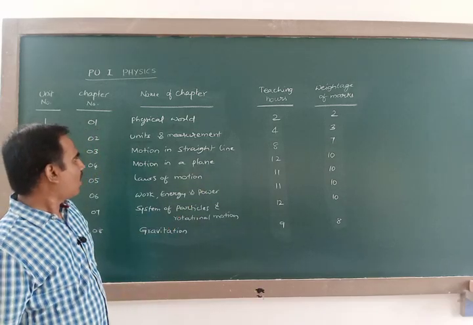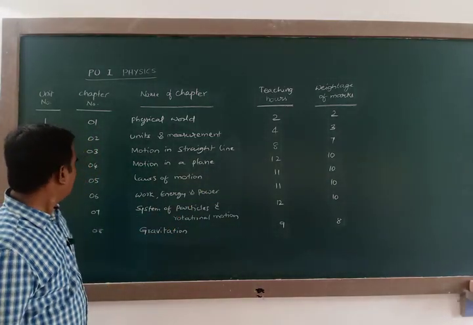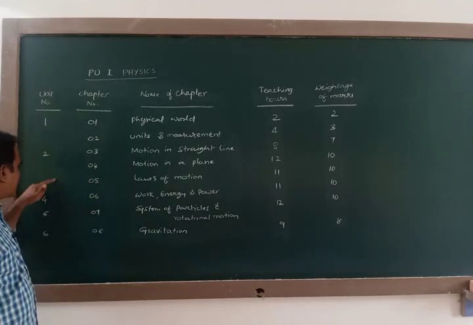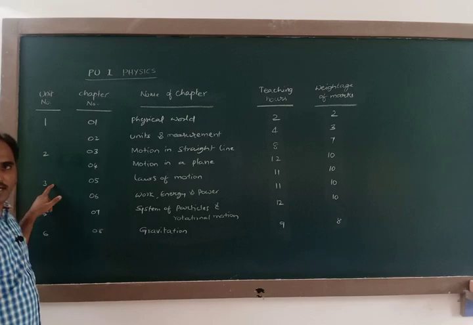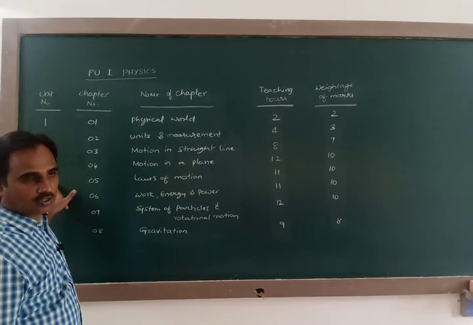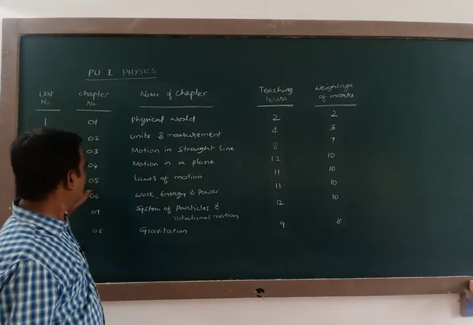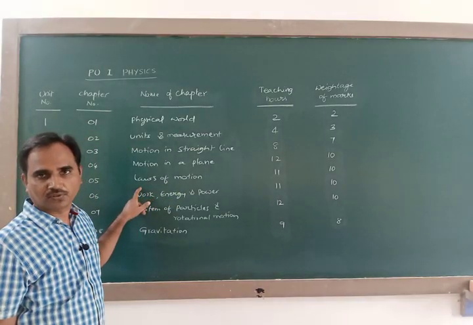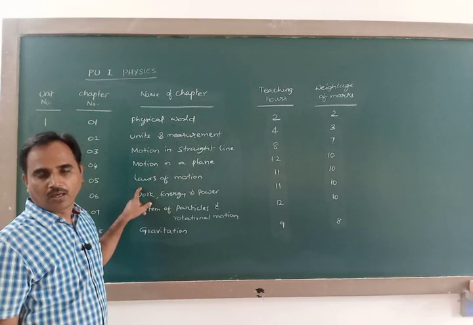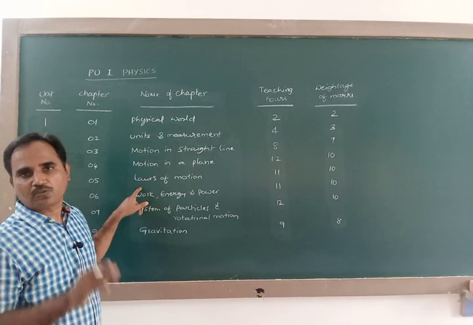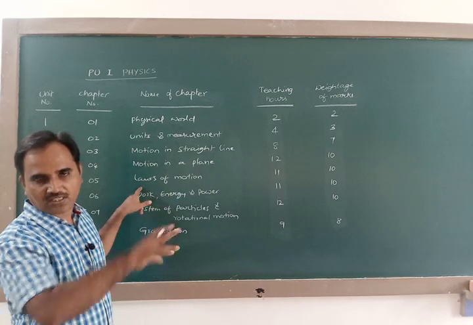Next, the next unit is kinetics. Kinetics deals with the cause of motion. So in this kinetics, you are going to study about laws of motion, Newton's laws of motion. The physics that you are studying at PUC level is basically classical physics. Most part of it is classical physics.